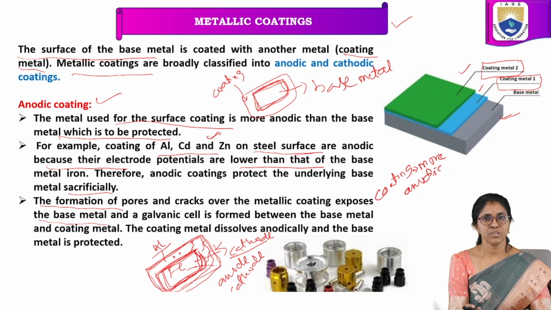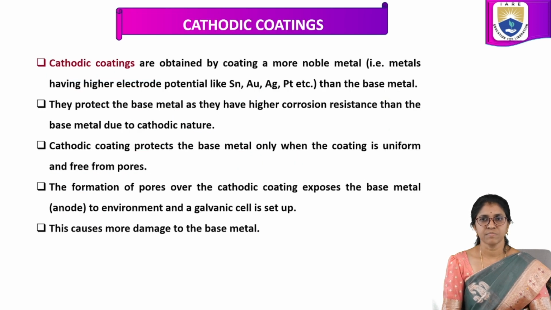This is about anodic coatings. Here we took the example of coating of aluminium, cadmium, zinc on steel or iron. These have lower electrode potential, so they act as anode and the base metal acts as cathode. So the anodic coatings protect the base metal from corrosion anodically and sacrificially.